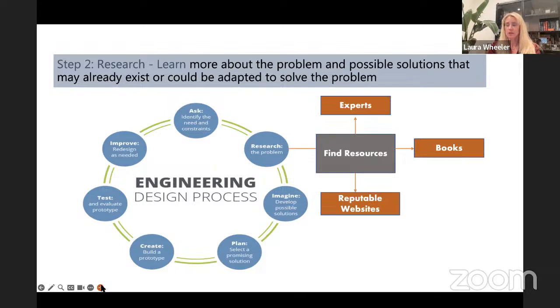You can look in engineering books, or you can use reputable websites. And so when we research, we want to know what solutions have already been designed or have already been addressed. And then how can I use that information to solve this problem?